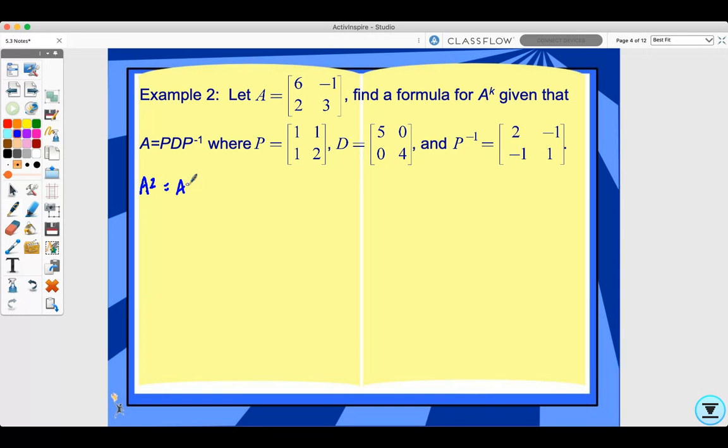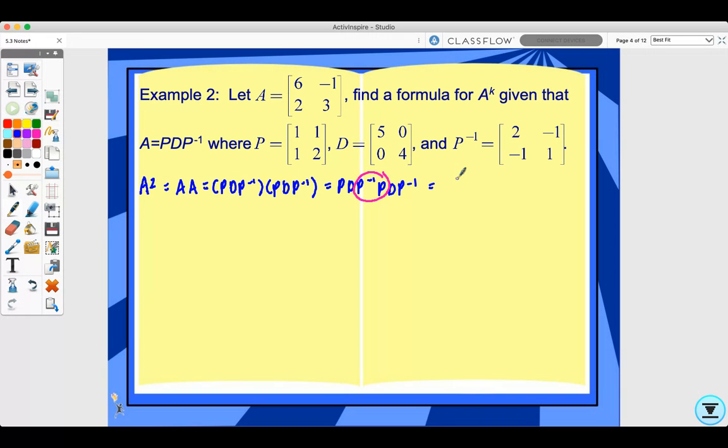And A squared equals A times A, which, since A is P D P inverse, this would be P D P inverse times P D P inverse. And if you notice, P inverse times P, that's the identity matrix.